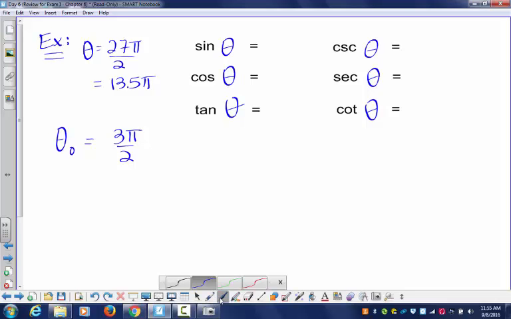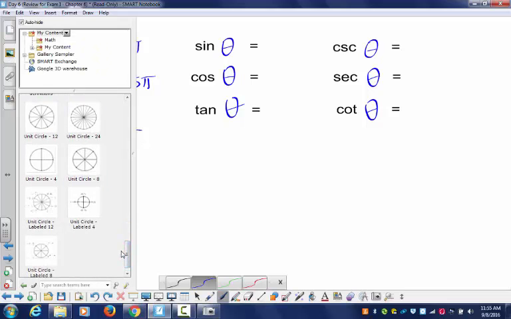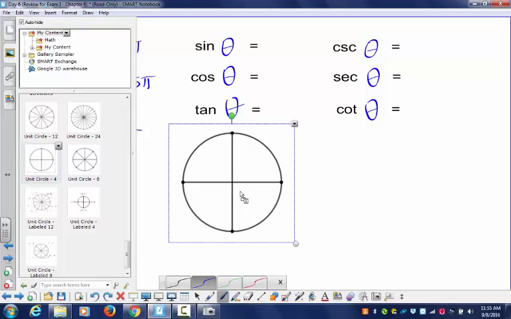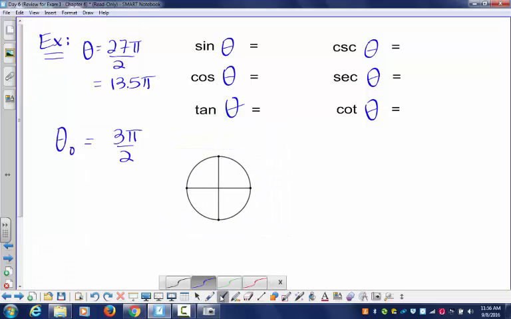And again, that brings us to 9.5, 7.5, 5.5, 3.5, 1.5. So 1.5 pi, 3 pi over 2. And that puts us on the low side. 3 pi over 2 is down below. That point is (0, negative 1). There's our theta naught.